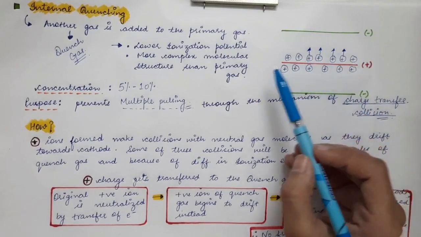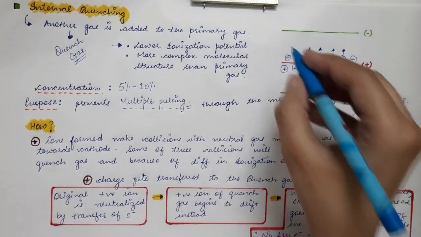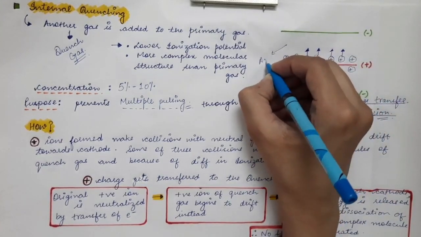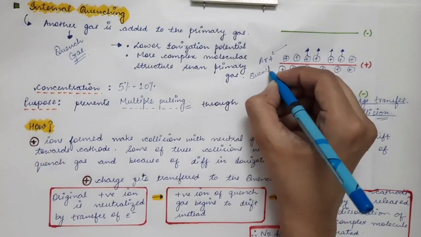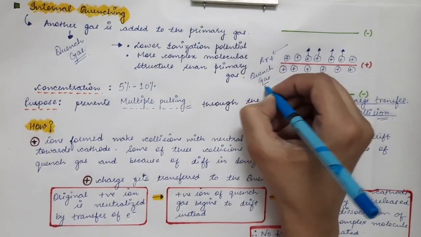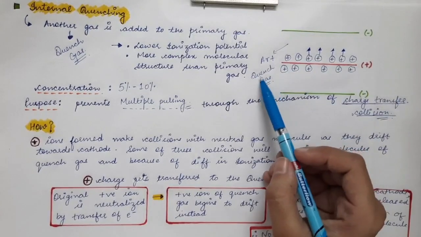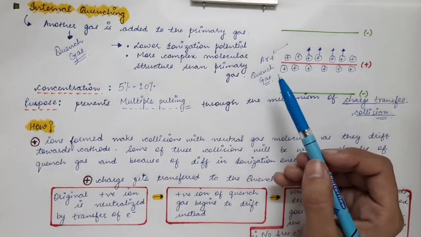So how does internal quenching work? You have argon gas over here, let's suppose, plus the quench gas, which will have some molecular structure.